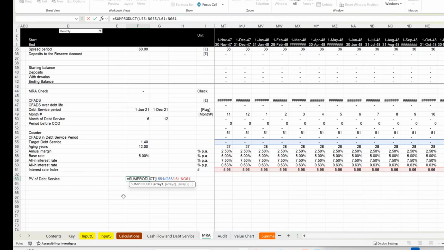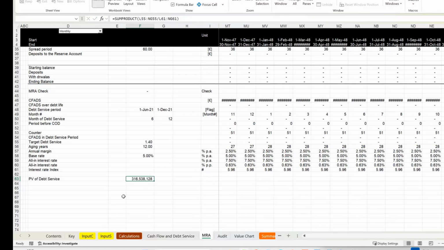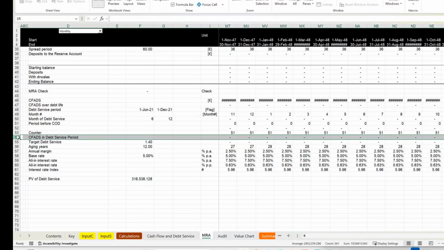Did we need it to multiply it by the debt repayment flag? Yes, that's a very good point. But did we do that? I think we already did the CFADS by the debt repayment flag. So it's an excellent question, but I think we're okay. We did that. See, it says CFADS and then CFADS over debt life. So I think we already did it. Okay.